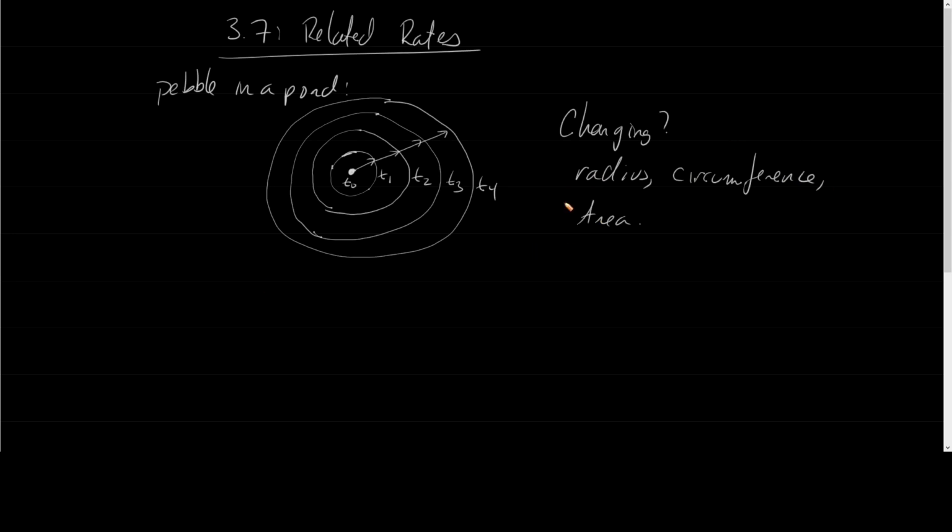The rate at which every single one of these things is changing, they're all related, and they're all related to the same event. The event was dropping a pebble into the pond, and that created all those ripples. So the way these are all changing, we can consider them functions of time.